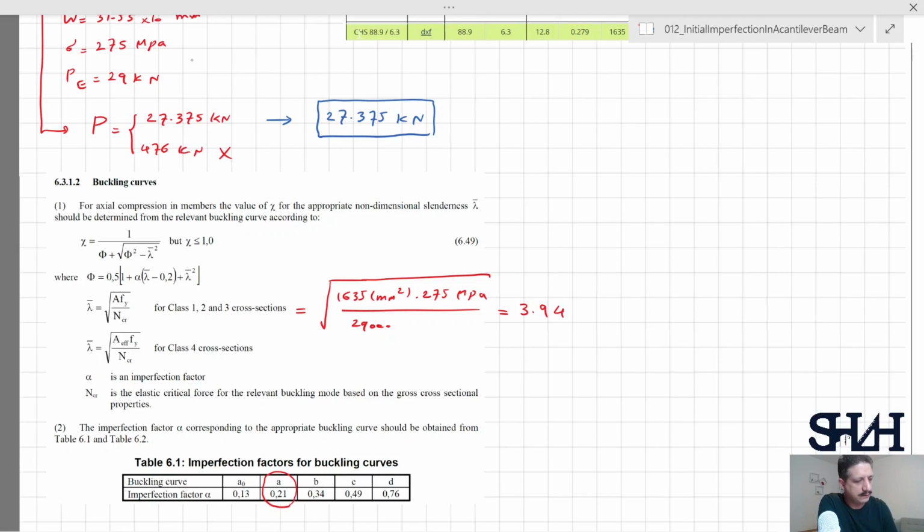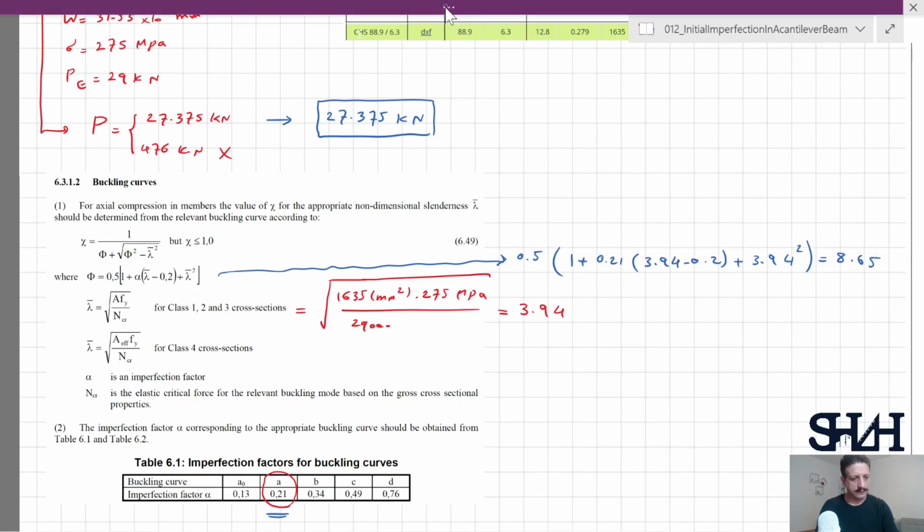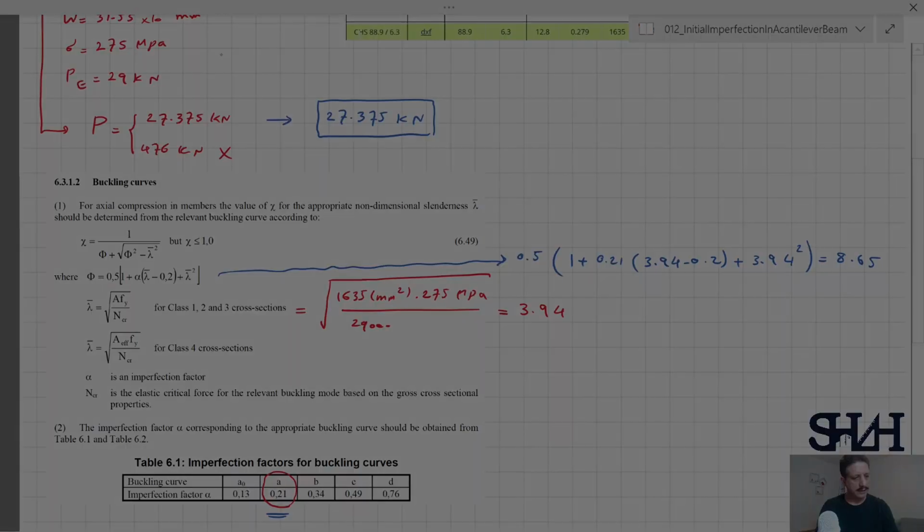Then we can calculate phi. It is 0.5 times 1 plus alpha, which is from the table, 0.21, times 3.94 minus 0.2, plus 3.94 squared, which gives 8.65. As I said, this is really not a practical example.